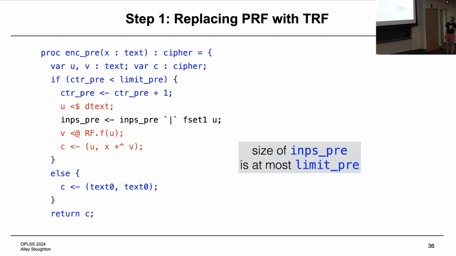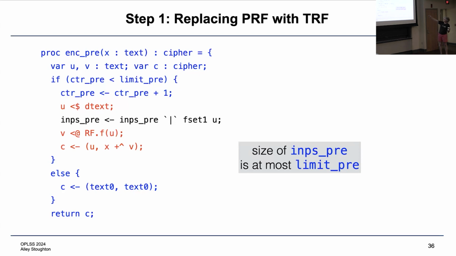So in enc pre, what do we have? Well, partly we have the inlining of encryption. We're picking this random U, and recording it in this finite set imps pre. Each time we pick a U randomly, we're keeping track of that in this finite set.